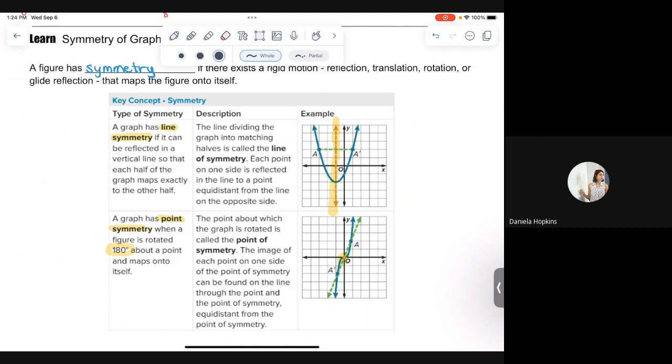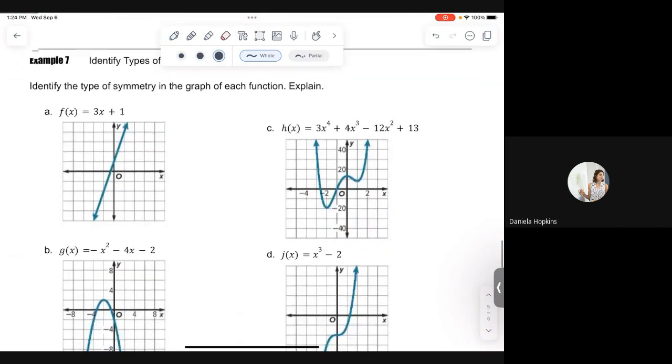So let's see some examples of what this looks like. And we're going to actually come back to this page and add something. Oh, no, we're not. I have it on the other side. We're good. So example 7, and again, this is good news for you guys because I'm asking you what kind of symmetry it is. So when you do your homework, there is not really work to be shown here. You're just stating what kind of symmetry it is. So example A, there is no line that I could draw where I could reflect it over that line, it'd be the same.